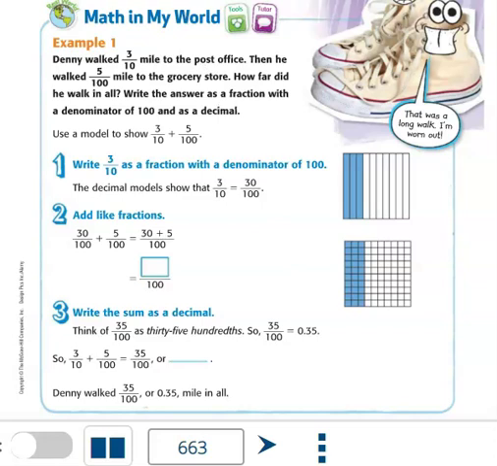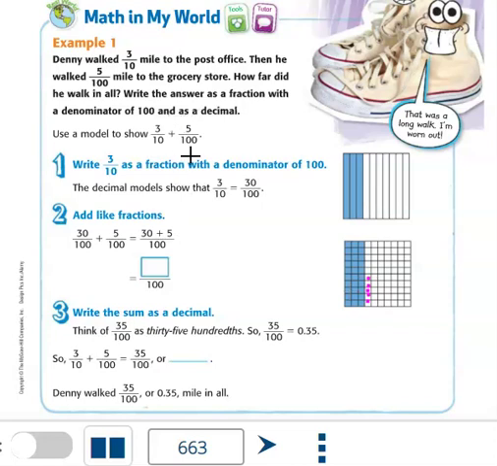So let's look at our model. And they've already shaded in the 3/10 here. And then they just copied it down here. So this is 3/10 as well. But then we're adding on 5/100. So now I'm going to go 1, 2, 3, 4, 5.